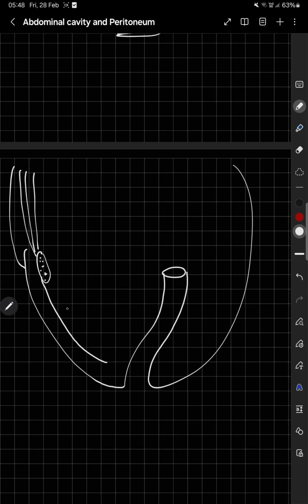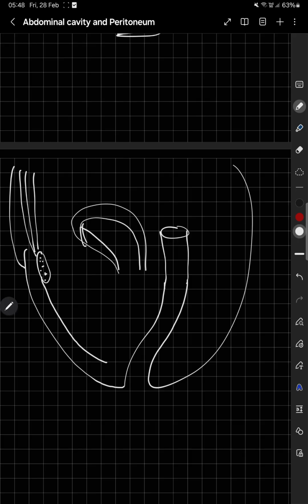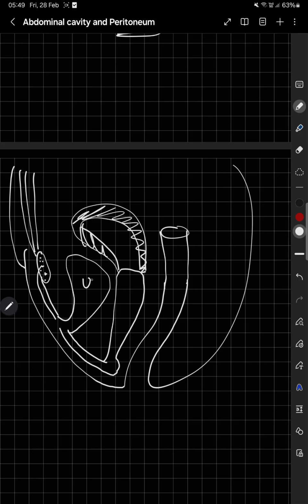Then we have our uterus, and the vagina. Here around here only we have a urinary bladder. So this is urinary bladder, uterus, vagina, rectum. Okay.